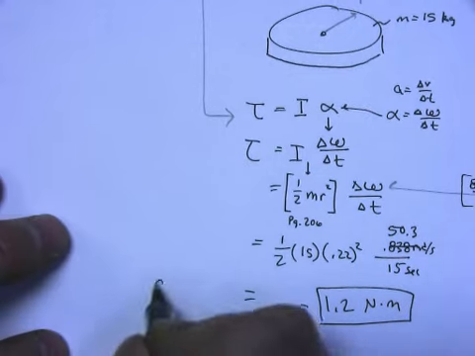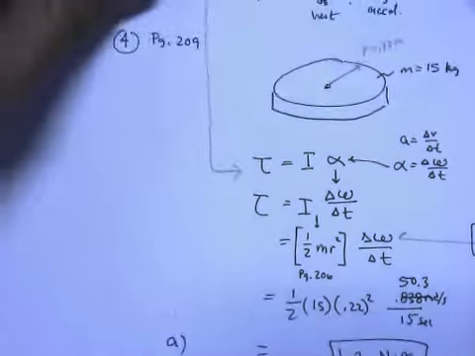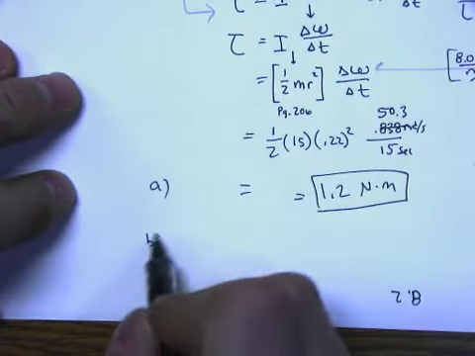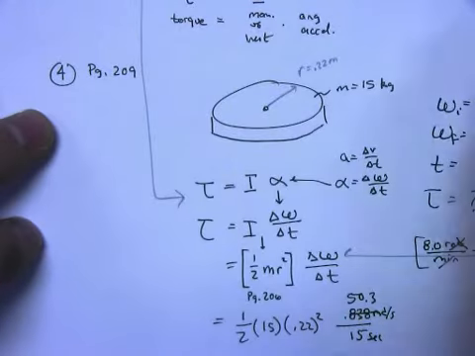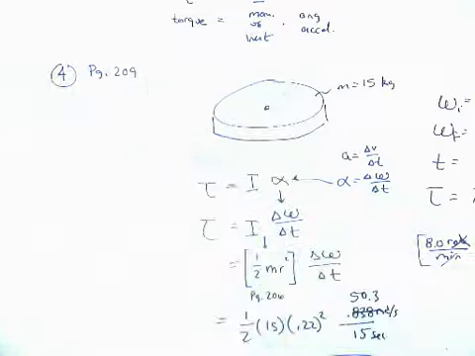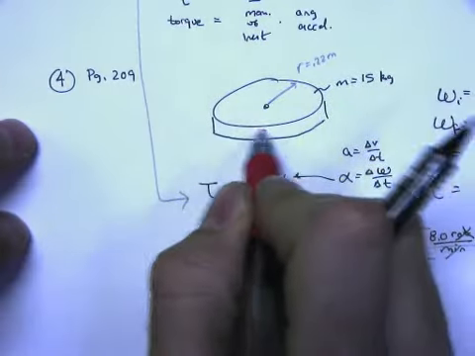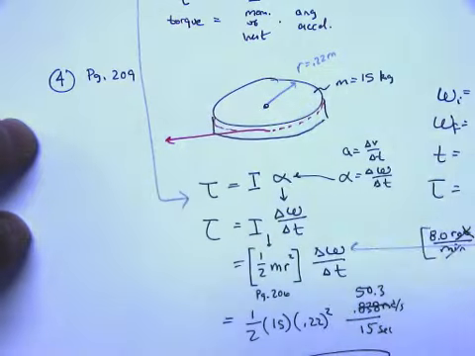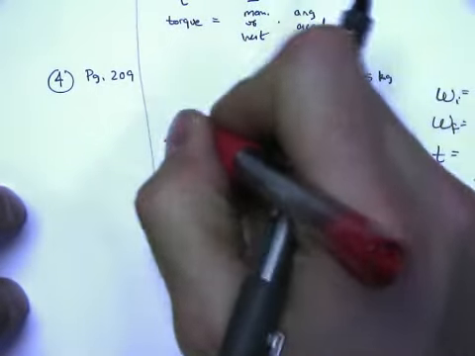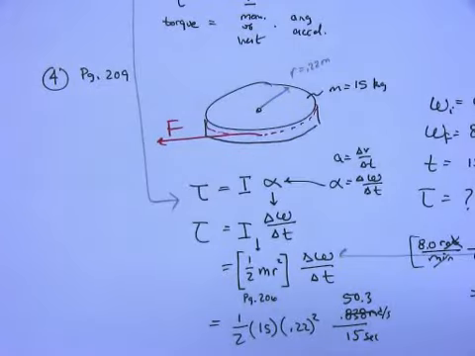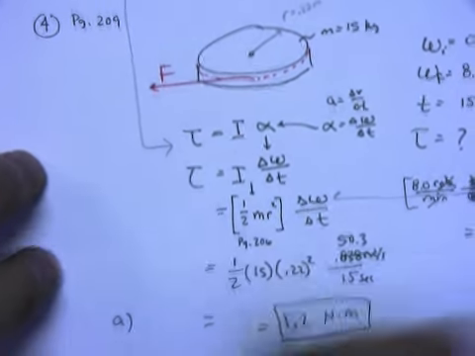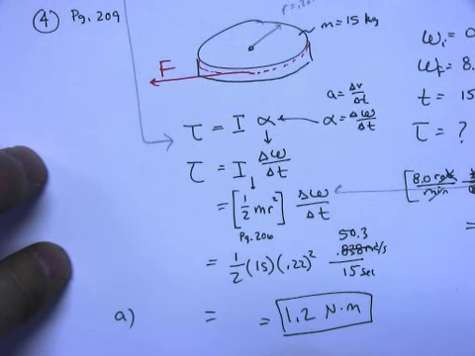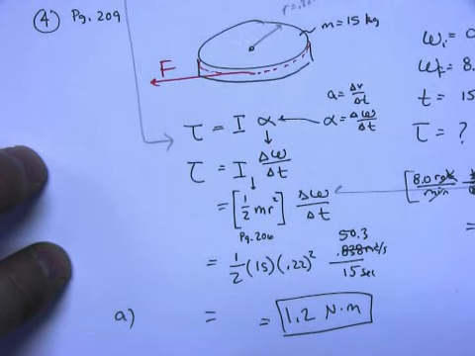Part A asks, what's the torque? Part B asks, what if you wrapped a string around the outside of this and you were to pull on the string? How much force should you pull on the string with to exert that torque? Well, torque is just perpendicular force times distance.